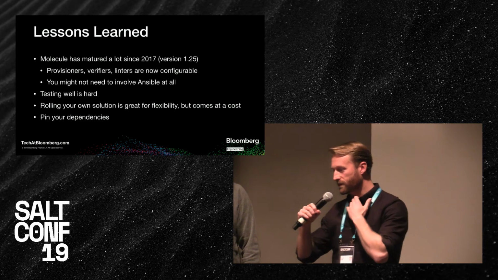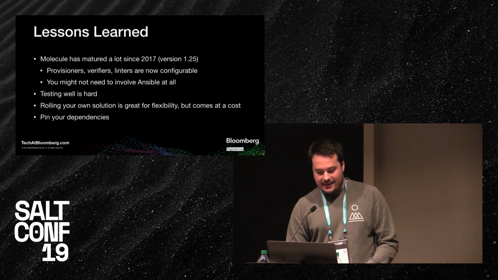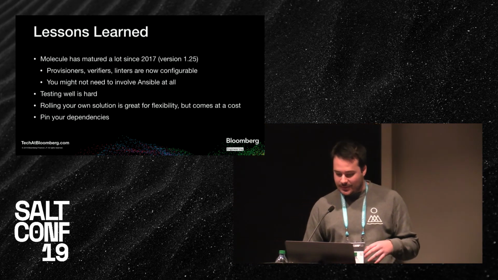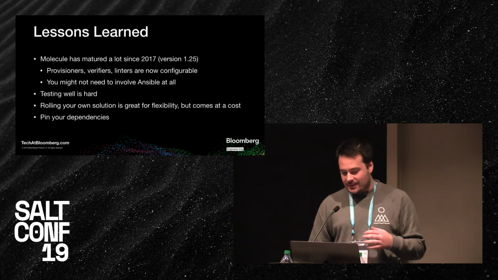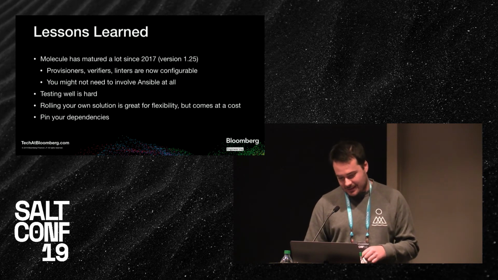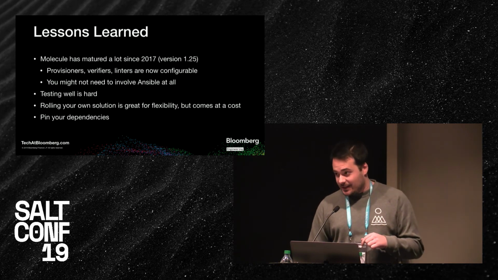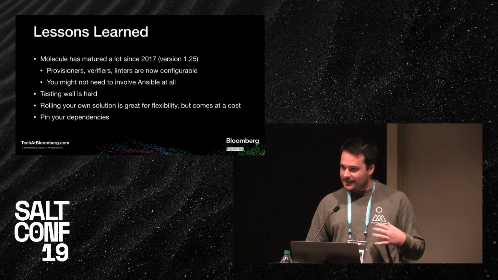And now let's get into some lessons learned. As Austin and I were putting this talk together, as he mentioned earlier, we did a lot of this work around 2017 or so. So we took another look at things. And one of the interesting things is Molecule has actually matured a lot since 2017. Back then, as Austin mentioned, it was tightly coupled with Ansible.